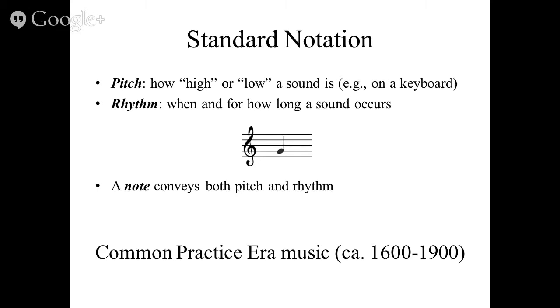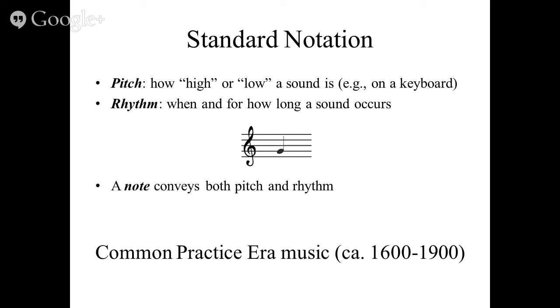And then rhythm, pretty concisely, though it gets more complex, is basically when and for how long a sound occurs. So if you're reading a piece of music, the rhythmic information that you'll get will tell you when the note is to be played in the piece of music and for how long.